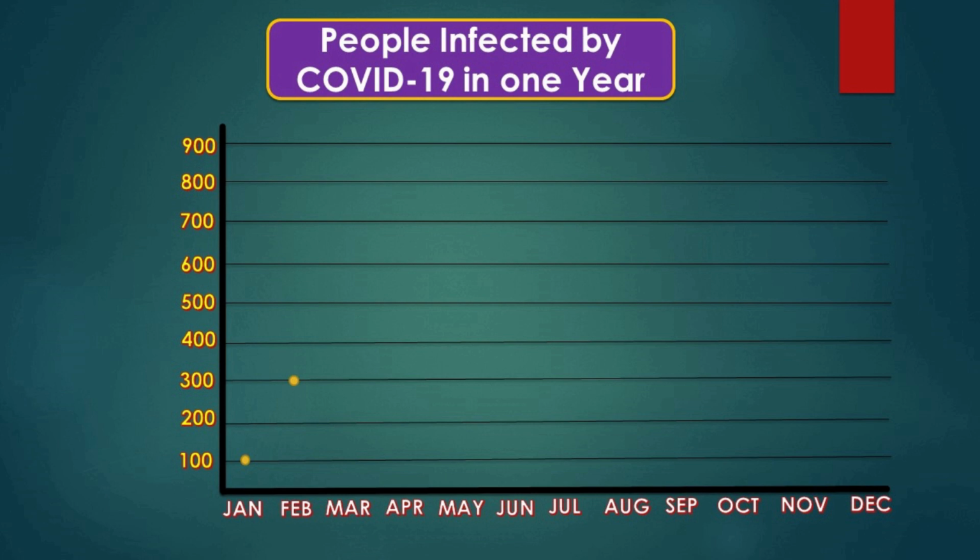Same thing with March. Just align to March and look for the value of March. We have 200. Same with April. The value of April is 800. Just put a dot. Then May. Go to May. Then look for the value, it is 600. Just put a dot. Then, and so on, up to December.